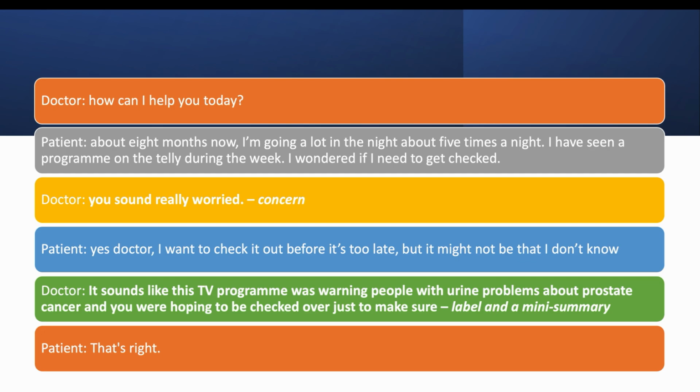If this was not the case, a simple question, for example, with regards to your concern, was there anything in particular you hoped should be done in a situation like this? Or you can say, I've got some ideas of what we should do to help, but I wondered if you had any thoughts of your own. Overall, you can see empathy being shown throughout the conversation. Let's look at another example.